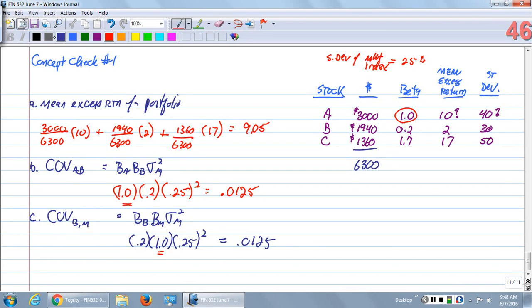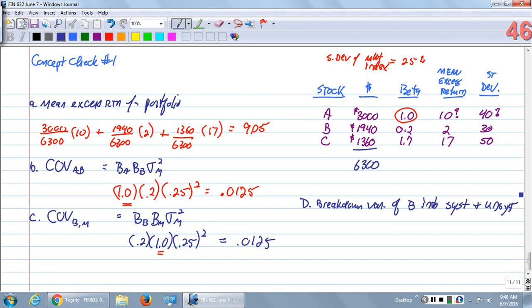I'll come over here to D. Question D then says, break down the variance of stock B into systematic and unsystematic components. All right, that's fine.